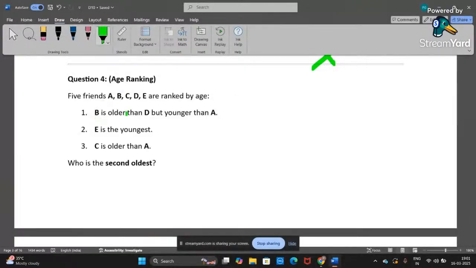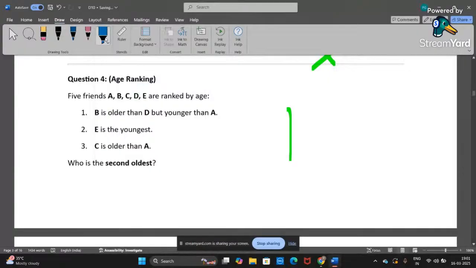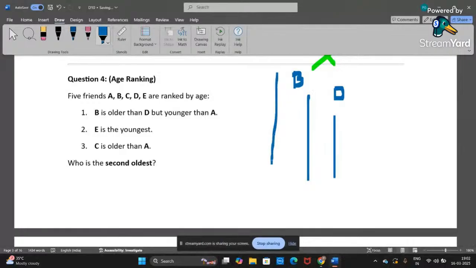B is older than D but younger than A. This B person is older than D but younger than A, right? E is the youngest person.